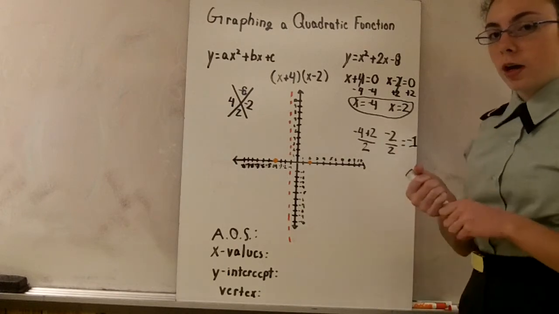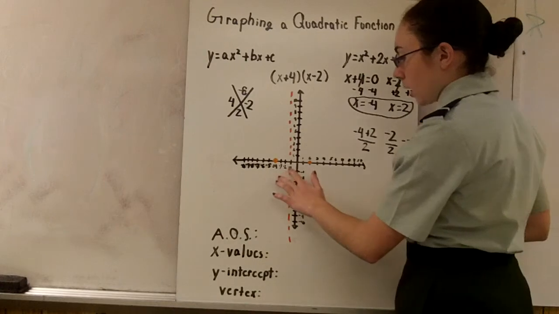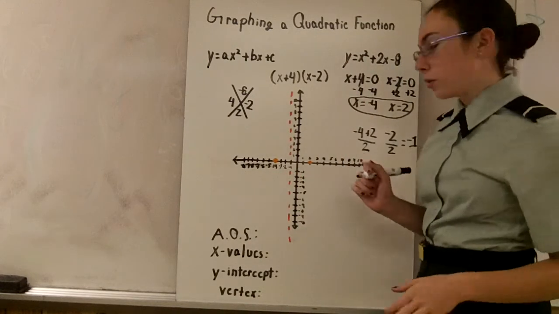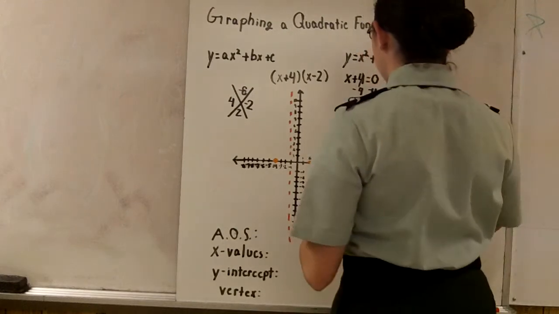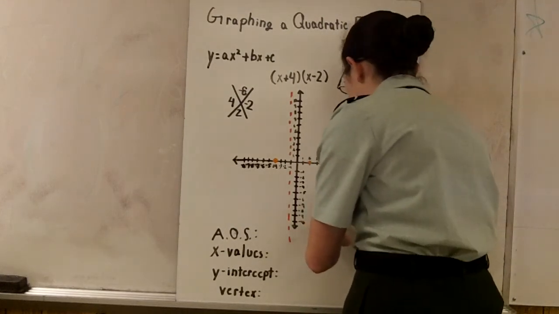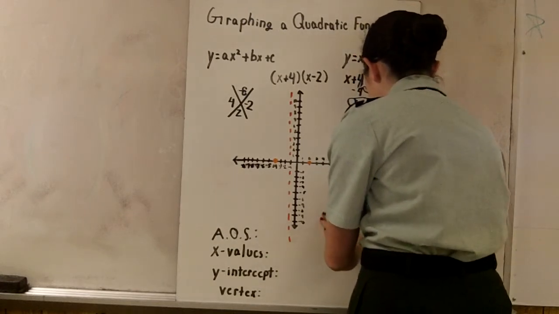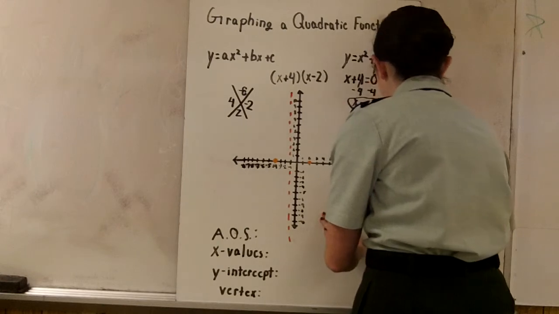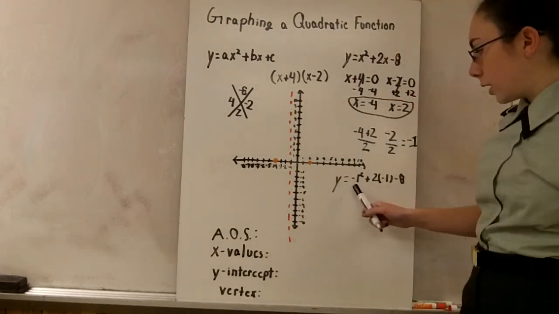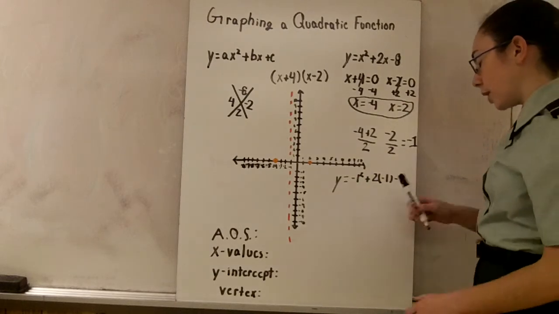Now what we want to do is find the y value for our axis of symmetry. So what we're just going to do is take negative 1, the x value of it, and plug it back into our original equation. So it's going to be negative 1 squared plus 2 times the negative 1 minus 8.